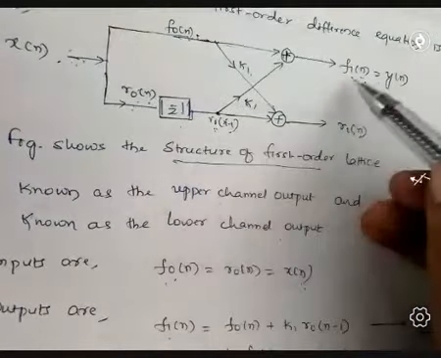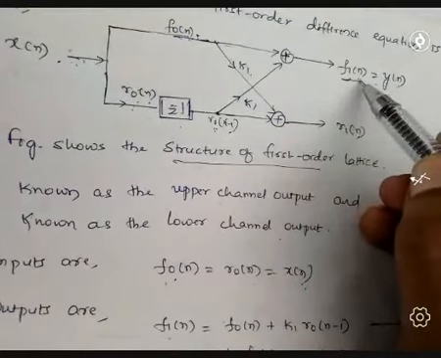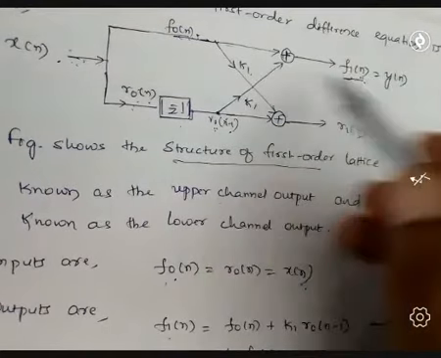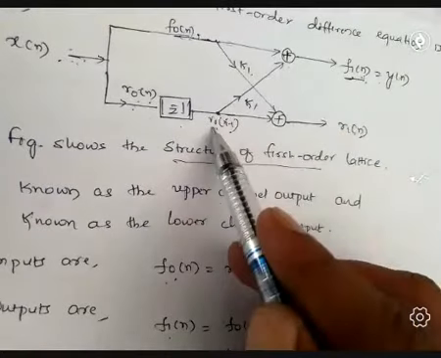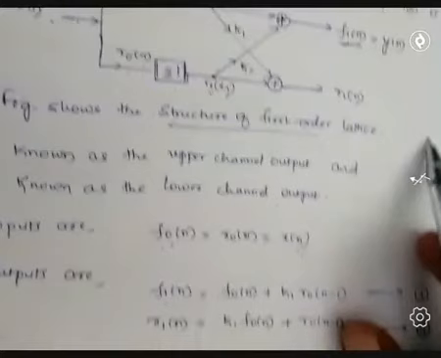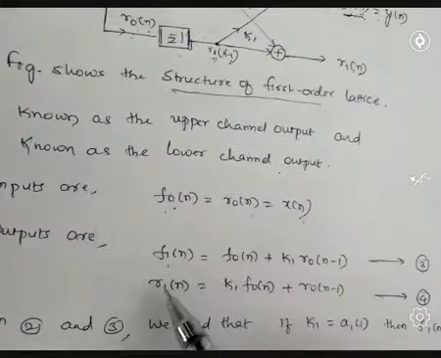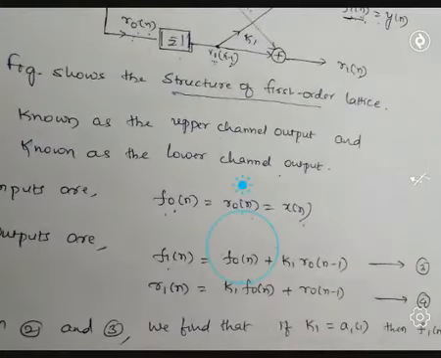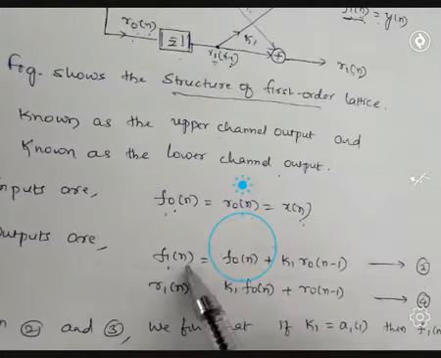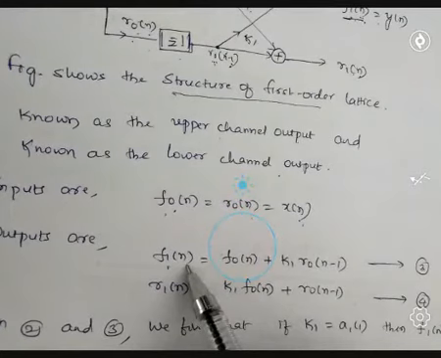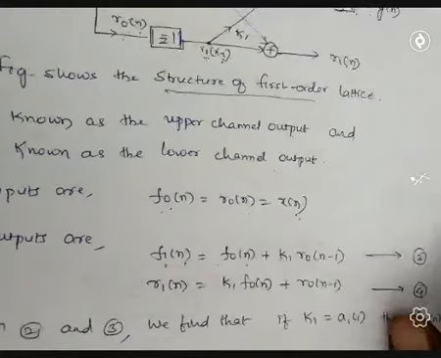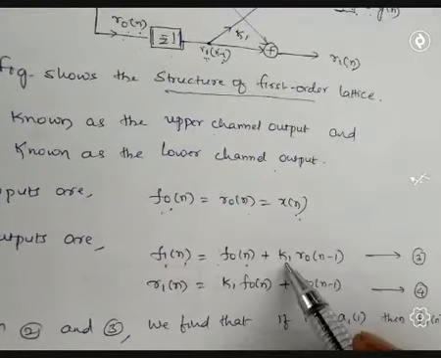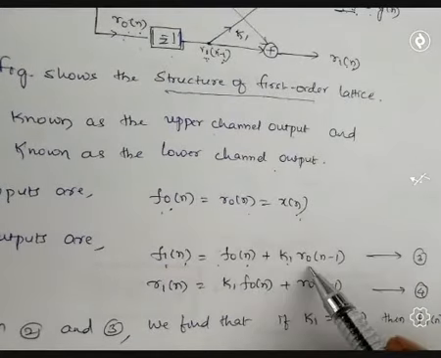Hence f_1(n) is f_0(n) added with k_1 multiplied by r_0(n minus 1). Writing the same thing here, the upper channel output is f_1(n) equal to f_0(n) plus k_1 multiplied by r_0(n minus 1).